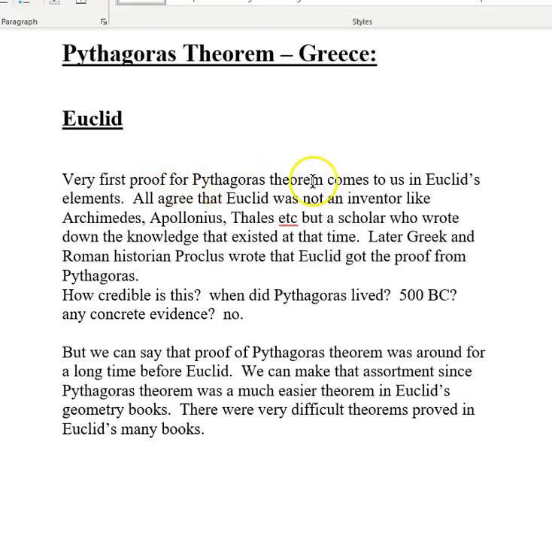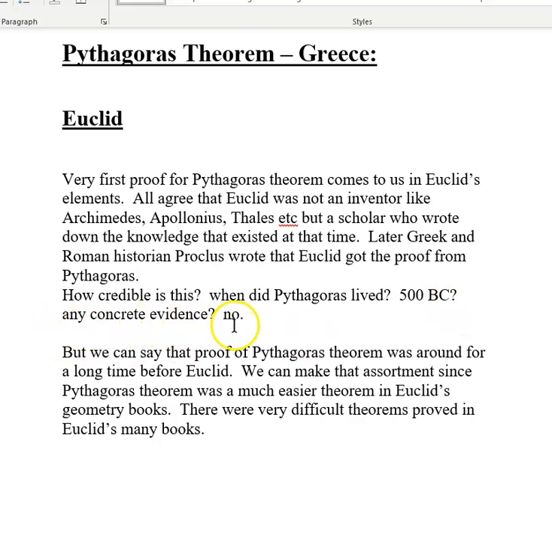The very first proof for Pythagoras theorem comes to us in Euclid's Elements. All agree that Euclid was not an inventor like Archimedes, Apollonius, Thales, etc., but a scholar who wrote down the knowledge that existed at that time. Later Greek and Roman historian Proclus wrote that Euclid got the proof from Pythagoras. How credible is this when Pythagoras lived 500 BC?